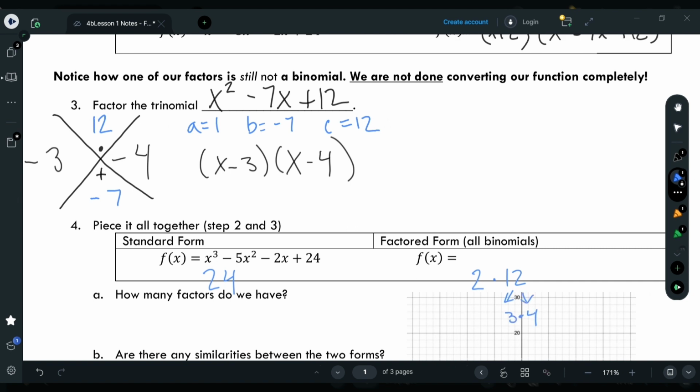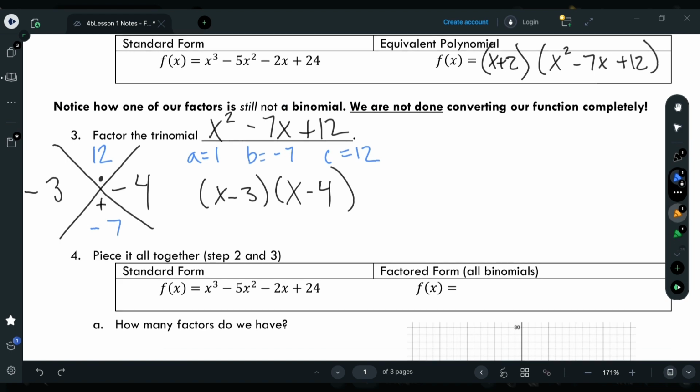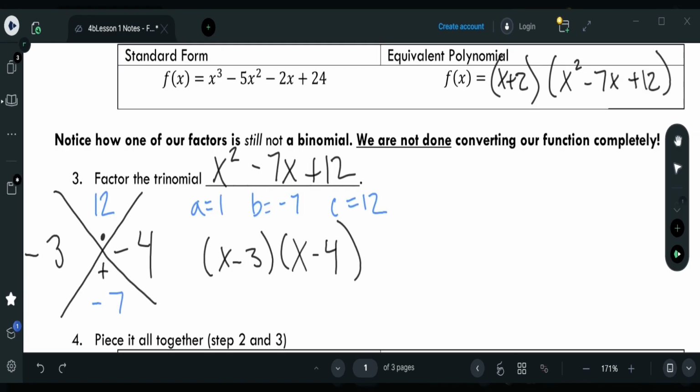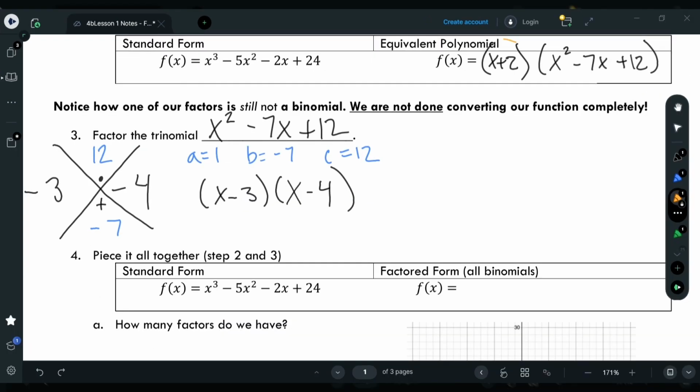And so we could write this as 2 times 3 times 4, 3 separate factors there. That's kind of what we're doing here, except, of course, it's not a number, it's a polynomial. So this is what it's going to look like. We have, let's see here. This binomial here, that's just going to come straight down, the x plus 2.